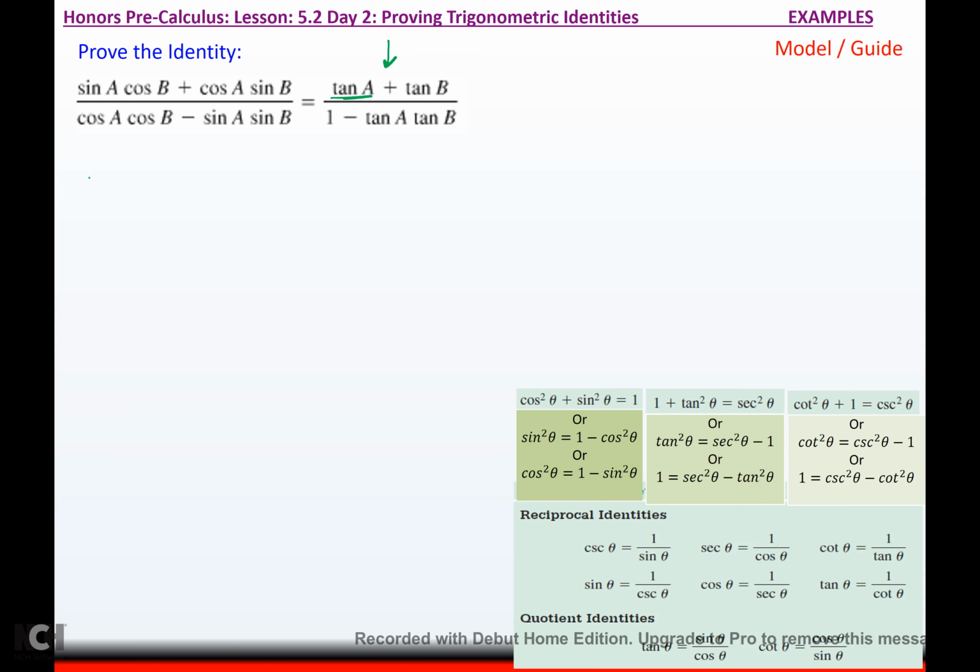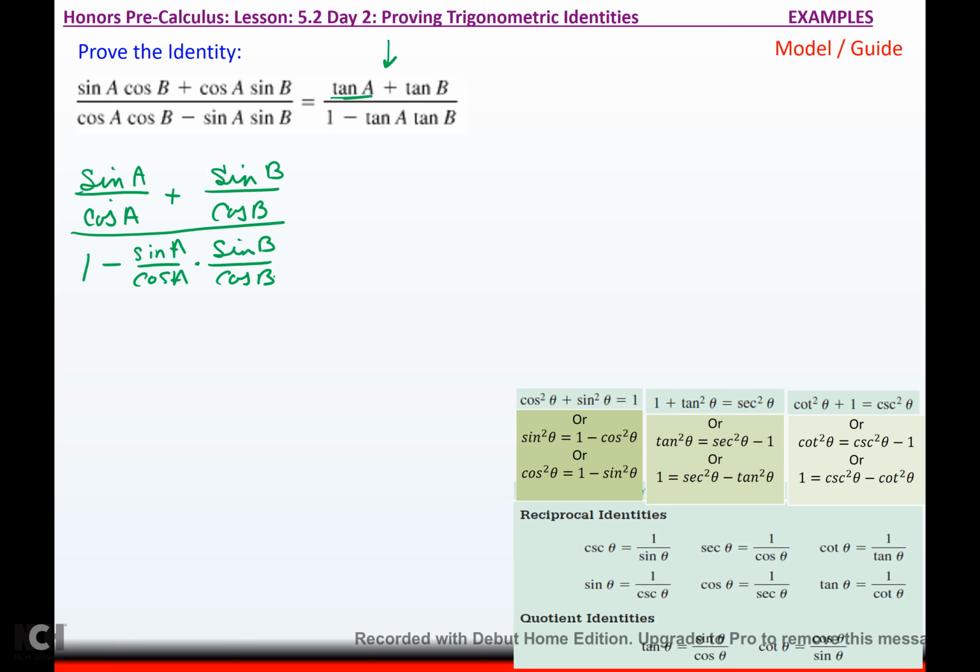So I'm going to rewrite tangent A as sine A over cosine A, plus, for tangent B, that's going to be sine B over cosine B. And on bottom, I'm going to have 1 minus sine A over cosine A times sine B over cosine B.